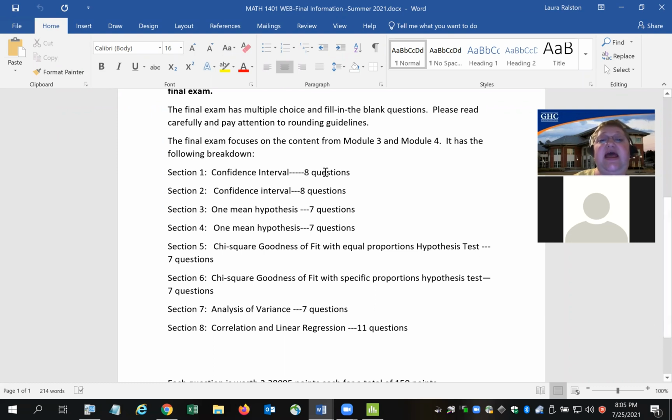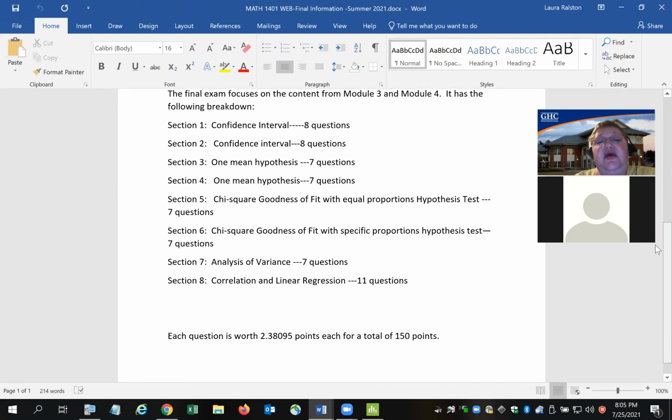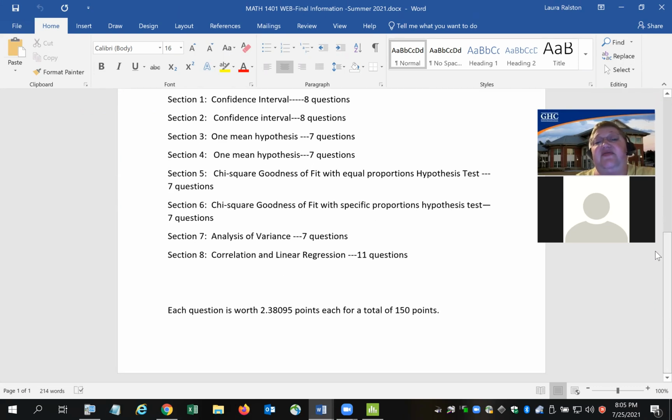So you can add those numbers up and get a sense of how many questions you have. Let's see, 35 and 16 would be 51, about 62 questions. The final exam itself is worth 150 points. It's 2.38095 points per question.